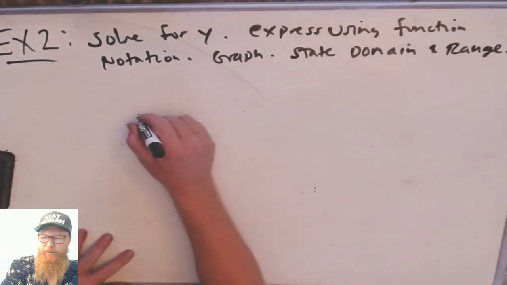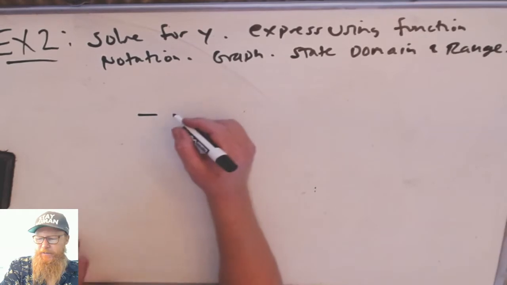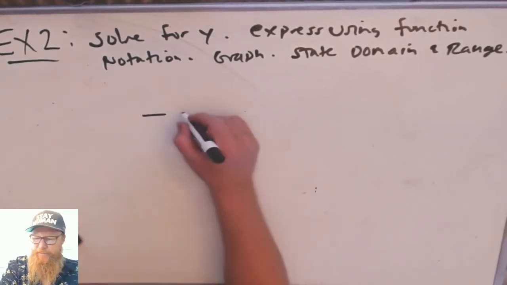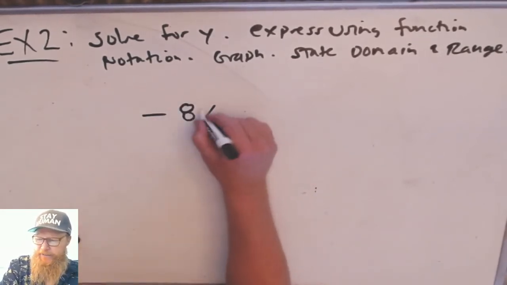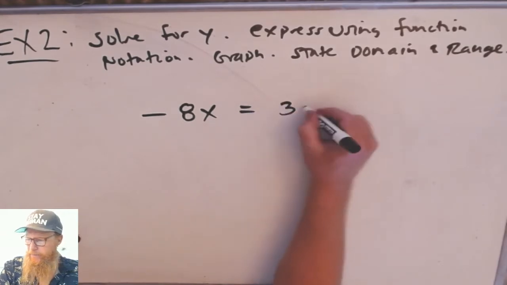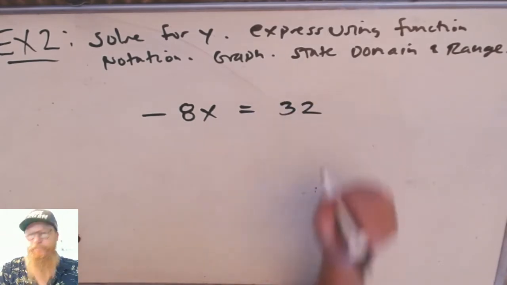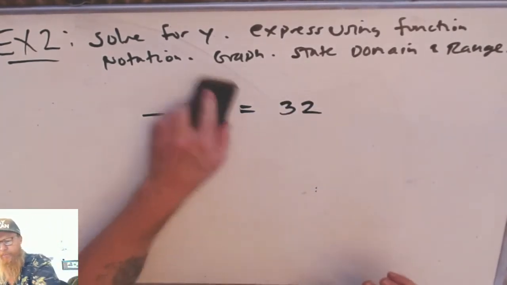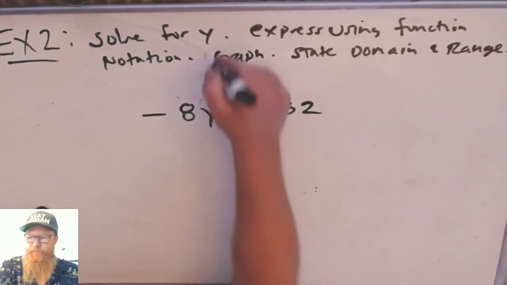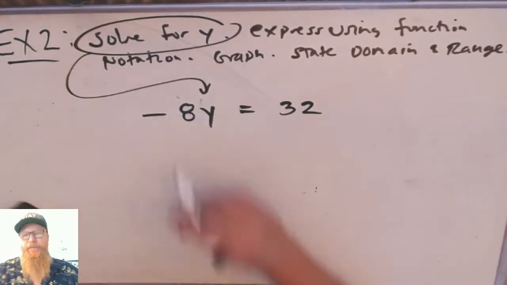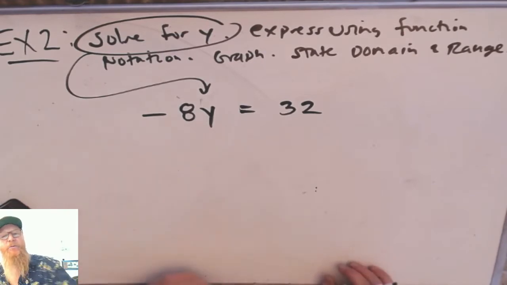All right, let's try another one. So what do we have? Negative 8y equals 32. Sorry, I meant 8y. Solve for y. So negative 8y equals 32.